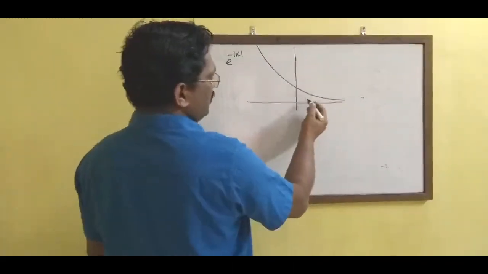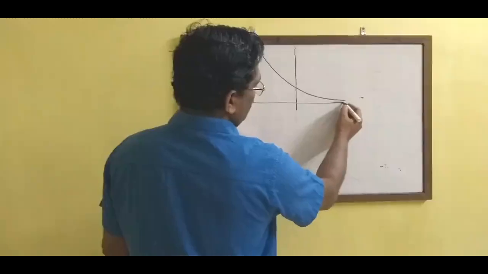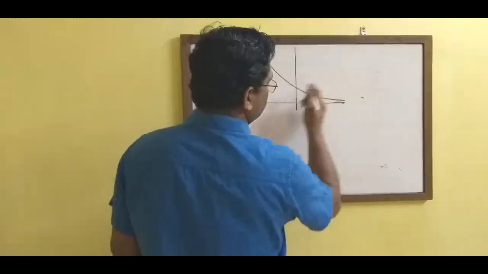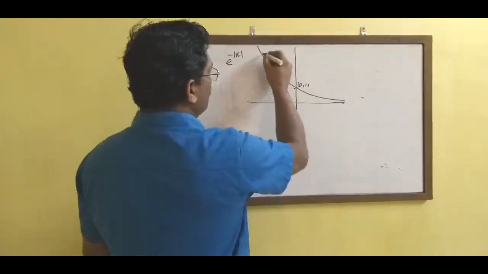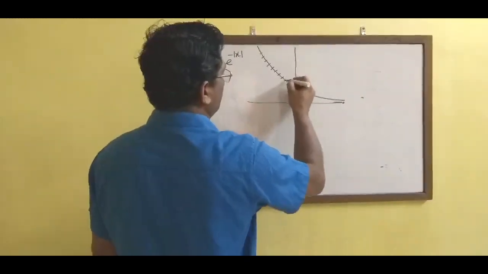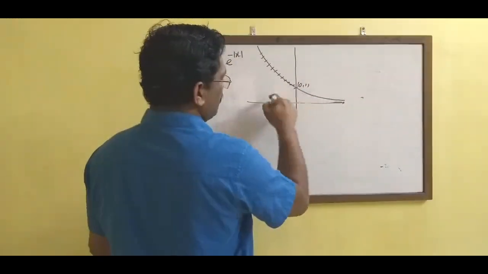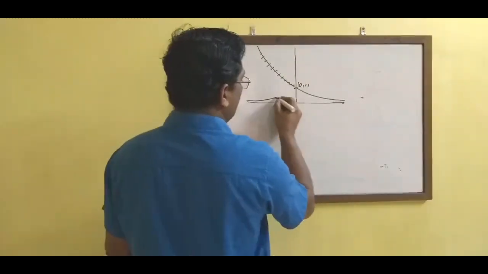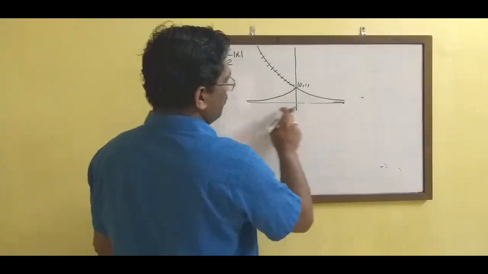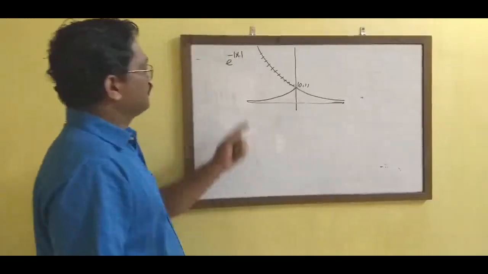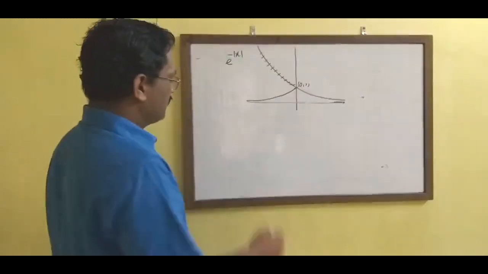Now, which part of this graph is valid for the right side of the x-axis? See this part. This point is (0, 1). So forget this part now, and take the reflection of this part about the y-axis. This remaining part gives you the graph of e to the power minus mod x.